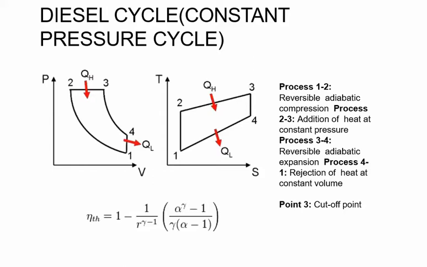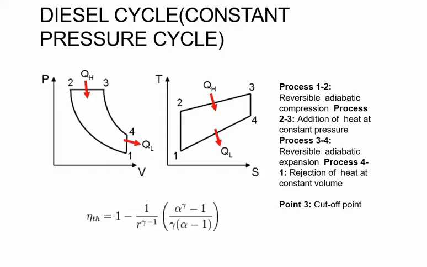The only change is that 1 to 2 is reversible adiabatic compression, and 2 to 3 is heat addition at constant pressure. 3 to 4 is reversible adiabatic expansion, and 4 to 1 is rejection of heat at constant volume. At point 3 there is a cut-off point by which we are able to change the pressure at that point.